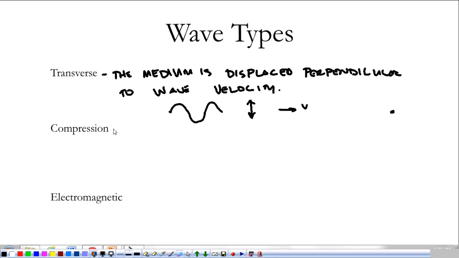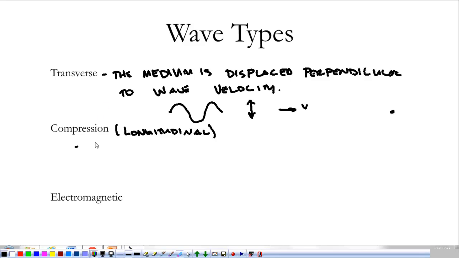The next thing we have is a compression wave. Another way that we talk about this is a longitudinal wave. This is like sound. We're pressing into a medium and moving back, and we have this compression moving. That's what's carrying the energy.